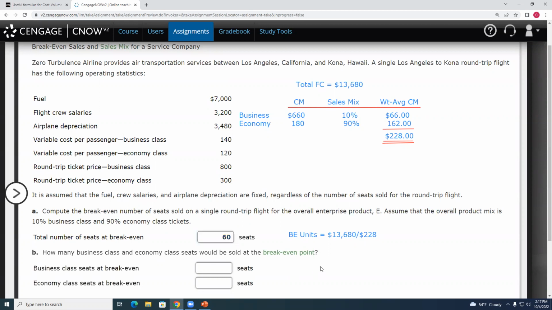And we would need to sell just 60 seats on our plane to break even. Of those 60 seats, 6 would be business class, and the other 54, 90%, would be economy class tickets.